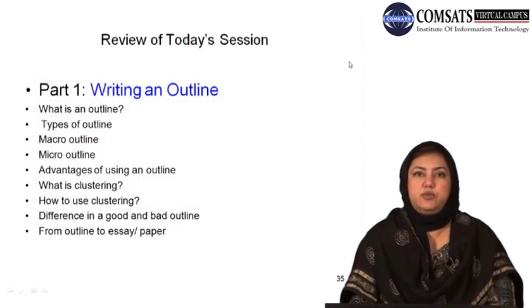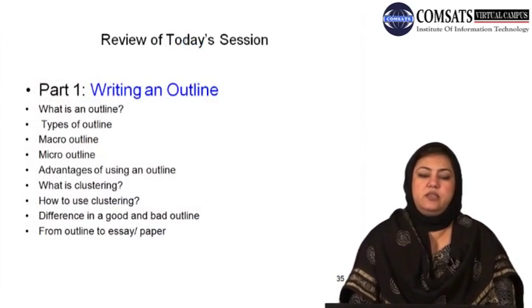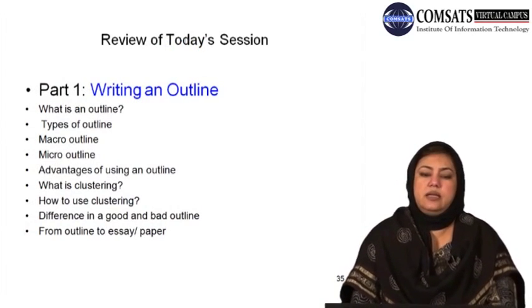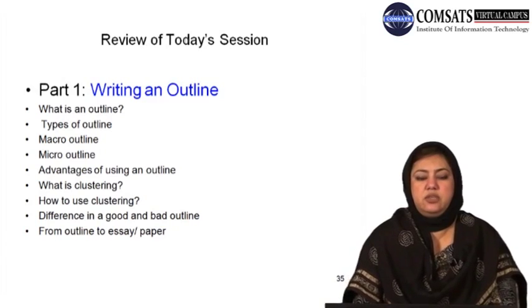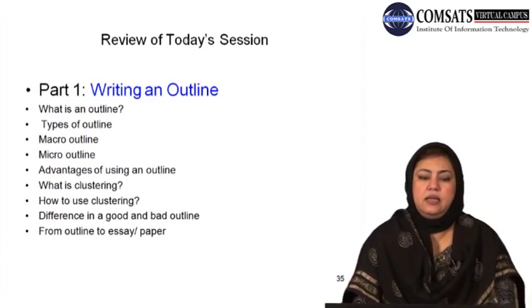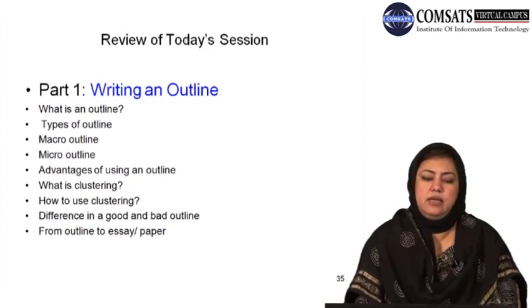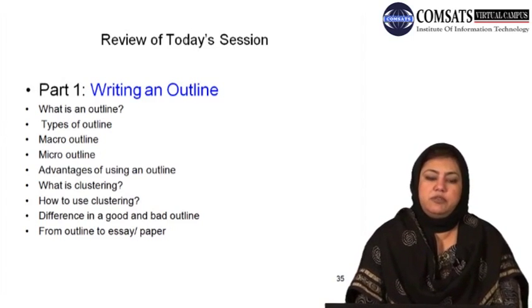My dear students, with this we come to the closure of today's session. As I have already shared with you, today's session was divided into two parts. So here is a quick review of the session. Part 1, that was on writing an outline, covered certain areas of writing an outline. I started this part with discussing what is an outline, and then I talked about different types of outlines.